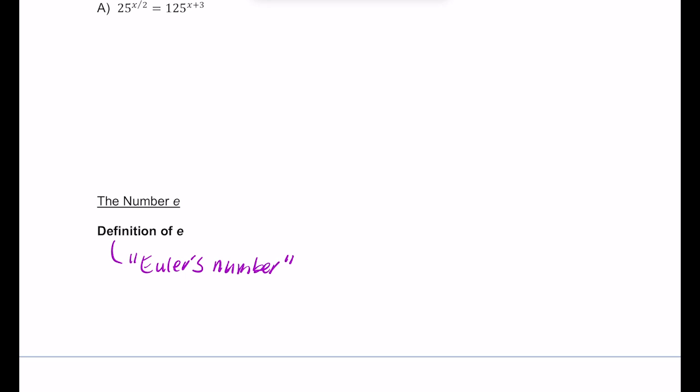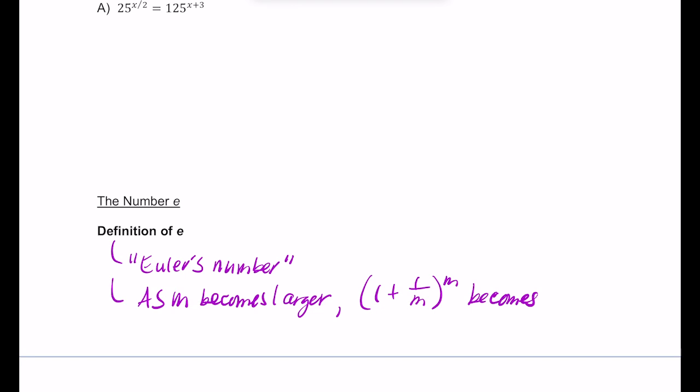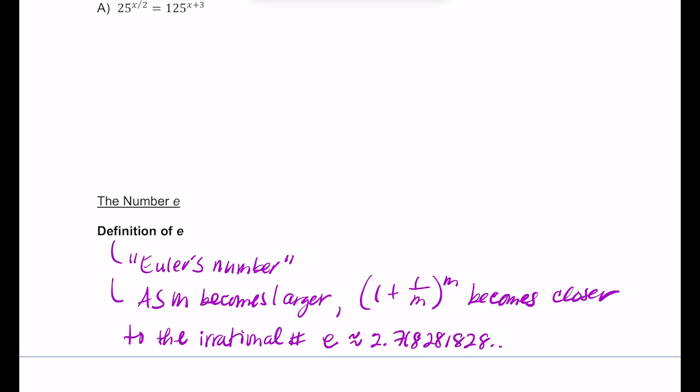And basically what he discovered was as m becomes larger in this expression, 1 plus 1 over m to the n power, the y value becomes closer to an irrational number which we call E. And E is approximately equal to 2.718281828, etc. It's irrational. It's like the number pi, so it's non-terminating, non-repeating.